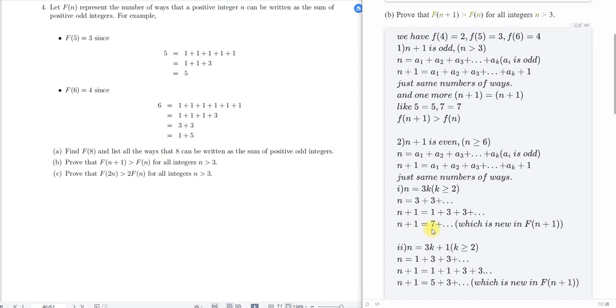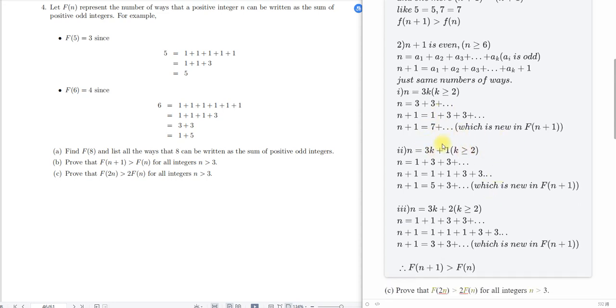So n plus 1 will be 7 plus 3, 3, 3, all the 3s. There is no 1, which is new in f(n+1). Understand? It's a new one, because the 7 is composed by the new 1 plus 3 plus 3. So this 7 is new.